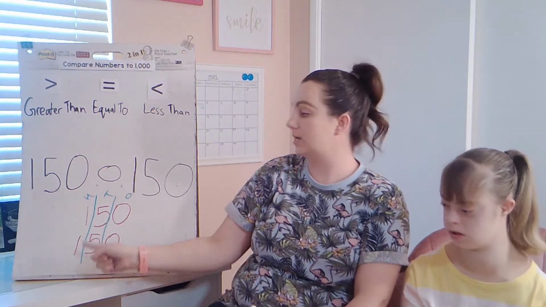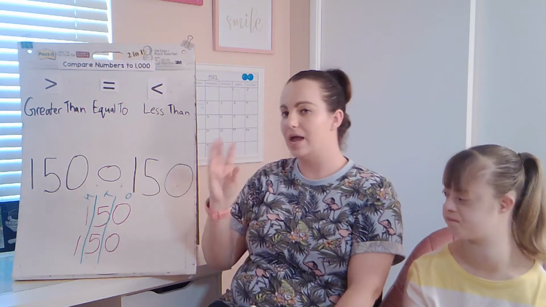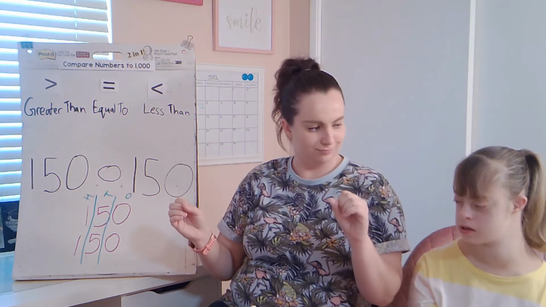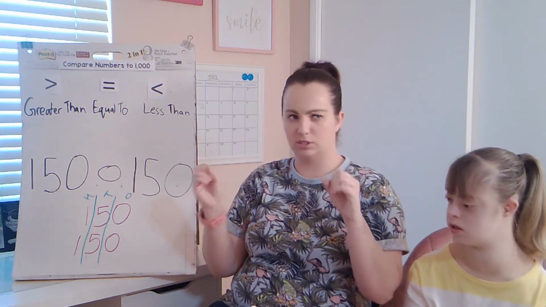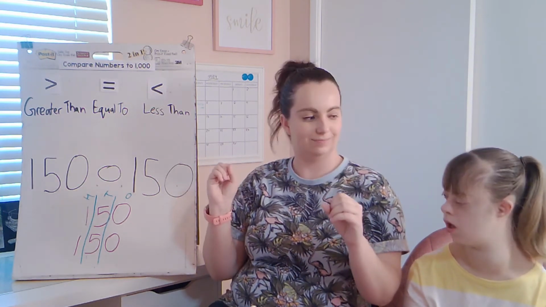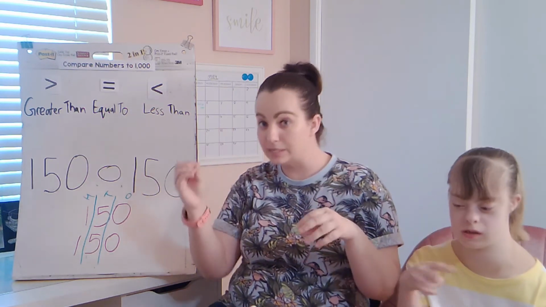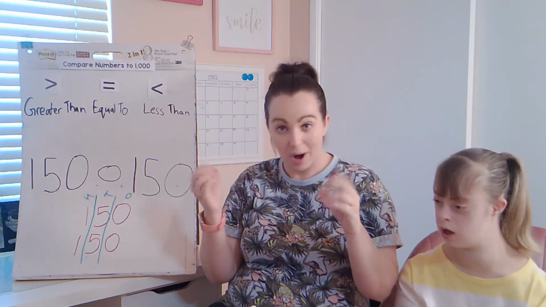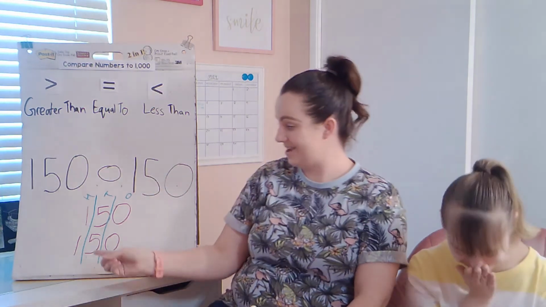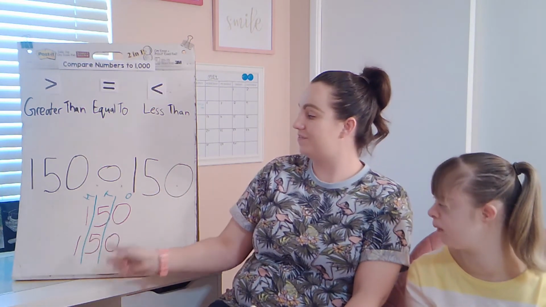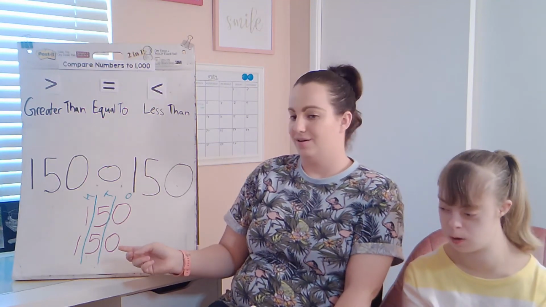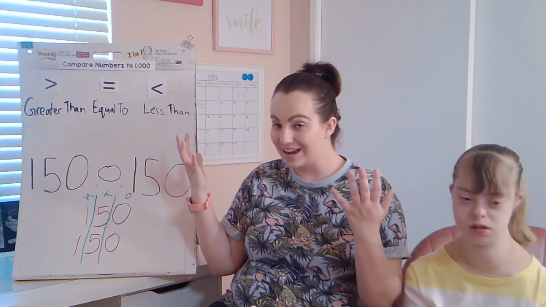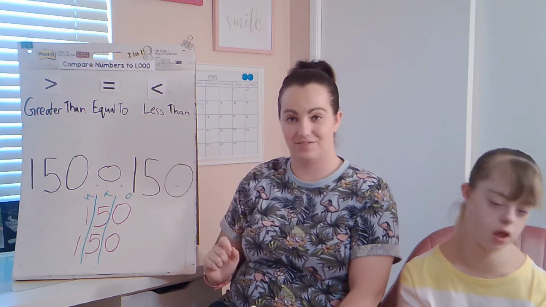Well, let's double check now in the ones space. I have 0 and 0. Are those different or the same numbers? They're the same. What? Do I have the same numbers? Yeah. So the alligator, he doesn't get any of them.